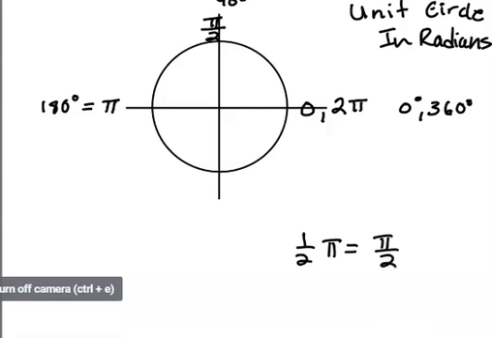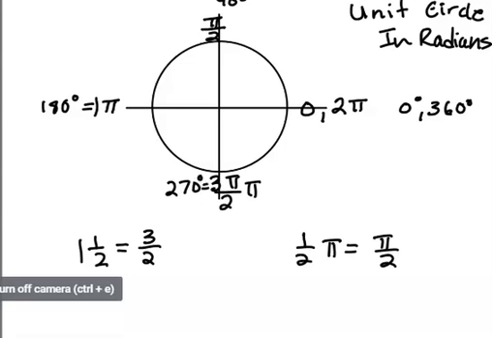And finally, halfway in between 1 and 2 is 1 1/2, which if I change that to an improper fraction, is 3 over 2. So this is really the same as 3 over 2 pi. That is halfway between 1 pi and 2 pi. And that is equivalent to 270 degrees.